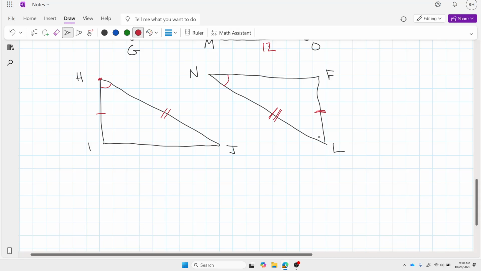So since angle L here is not an included angle, it's not formed by the two sides that are congruent to the triangle on the left, then we're going to say no. The triangles are not congruent. Angle L is not an included angle.